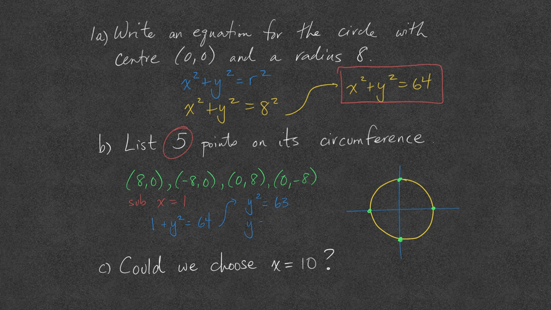And so my y is going to equal plus or minus, because to get rid of the squared I have to take the square root, and I always get 2 answers, root 63. Now, to simplify that, 63 is 9 times 7, and I can take the square root of 9, so that is plus or minus 3 root 7.